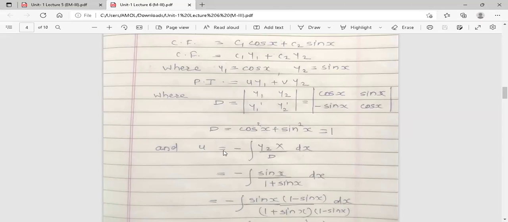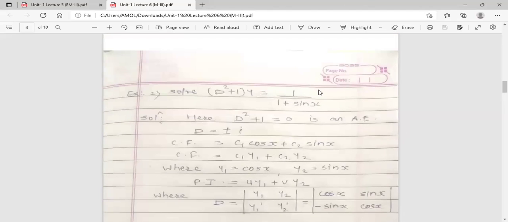To find u, the formula is minus integration of y2 X upon D into dx. Now y2 is sin x, so put y2 is equal to sin x. Now what is X? X is the function on the RHS in the given LD. The given linear differential equation is this one. On the RHS, the function is 1 upon 1 plus sin x.